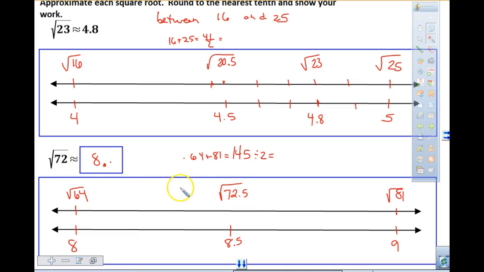All right, so, oh my gosh, we almost have our answer, right? We've got 72 and a half. 72 is just going to be a little before that, right? So I'd like you to estimate where you don't even have to try and move it in between the two. We know it has to be between 8 and 8.5. So please write down what you think your answer is and check with your shoulder partner.